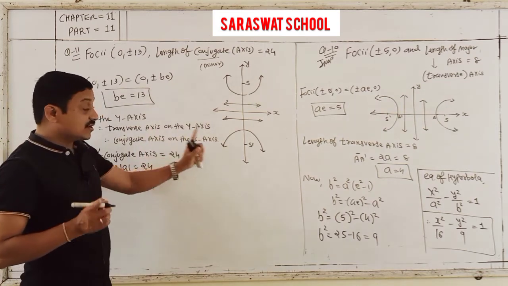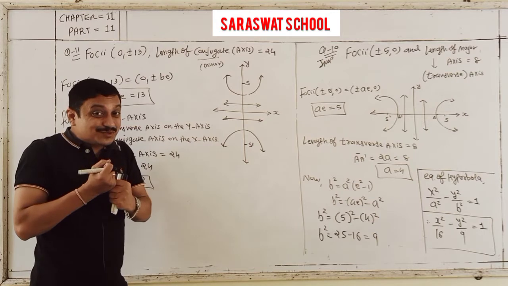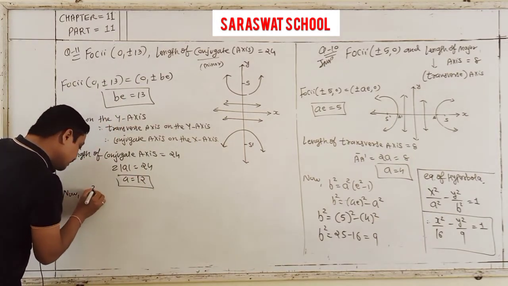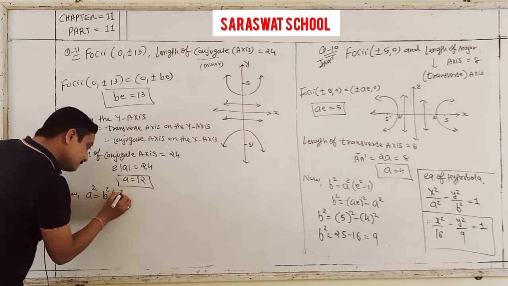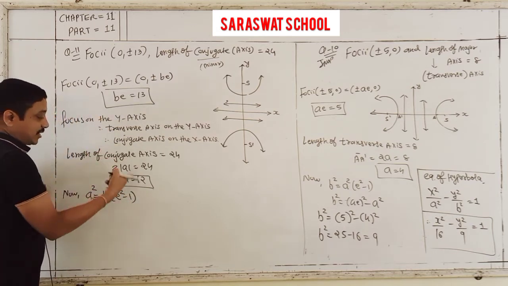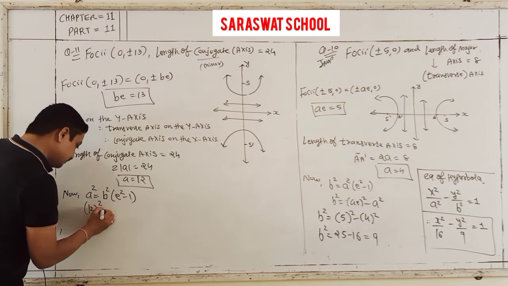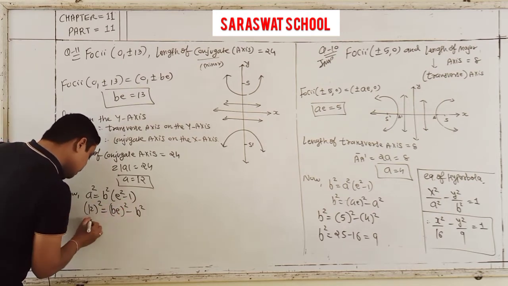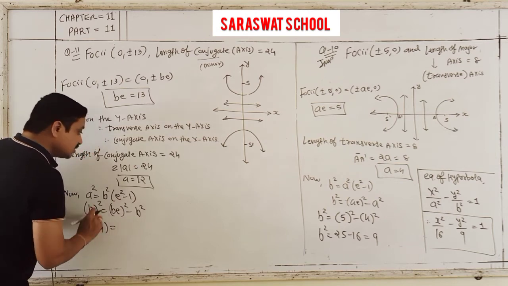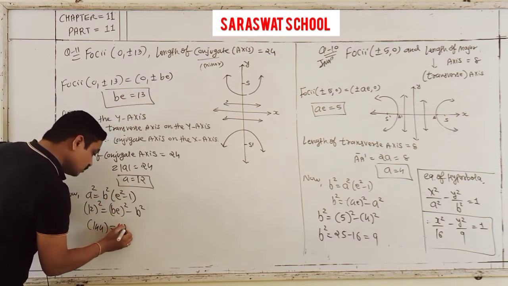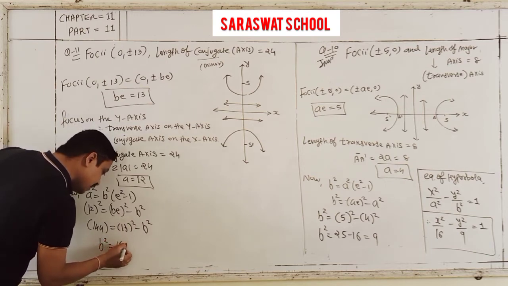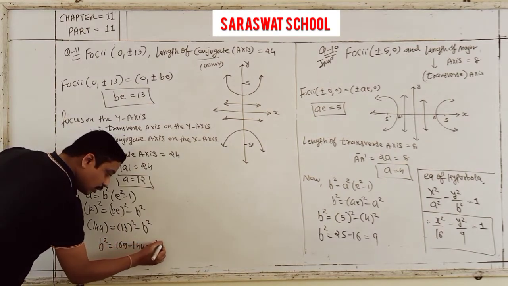Now the major axis is the y-axis, it means I will go to formula number 3. So a square is equal to b square minus a square, a is 12, so 12 square is 144, and b is 13, so 13 square minus b square. So b square becomes 169 minus 144, it will be 25.